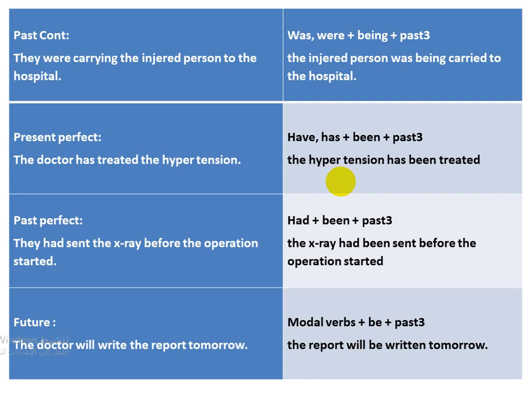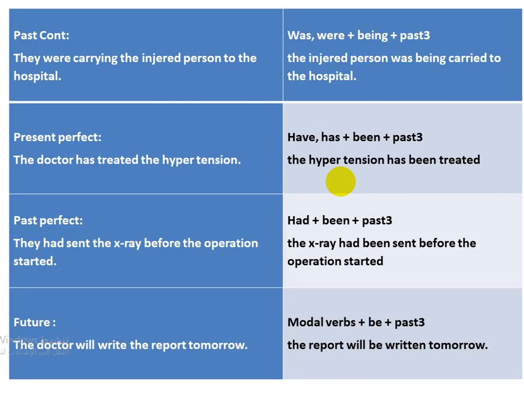So here, present perfect, the present have and has, as we talked before. We said he, she, it: has. The rest of the pronouns: have. They have, you have, I have, we have. Okay?